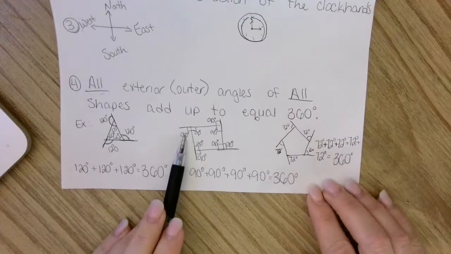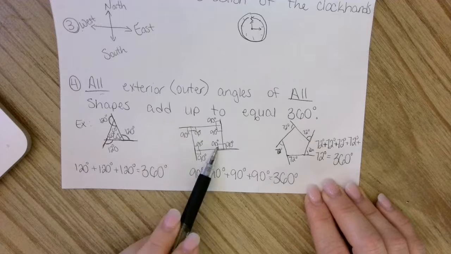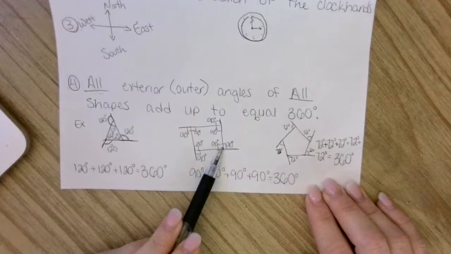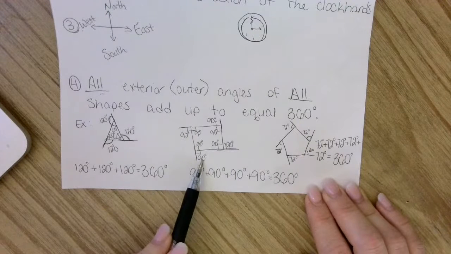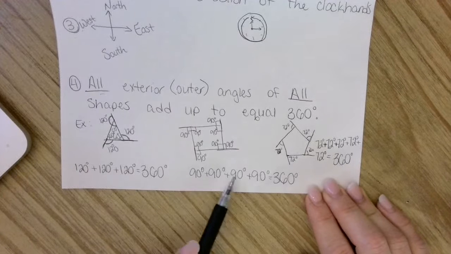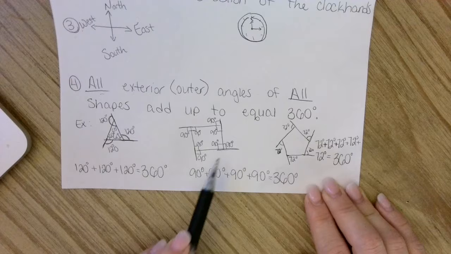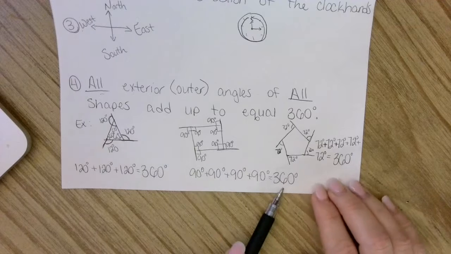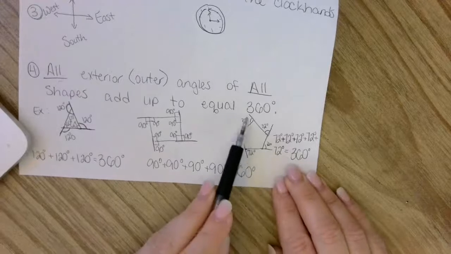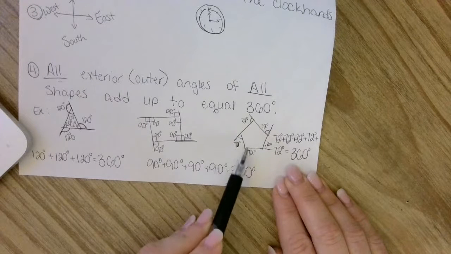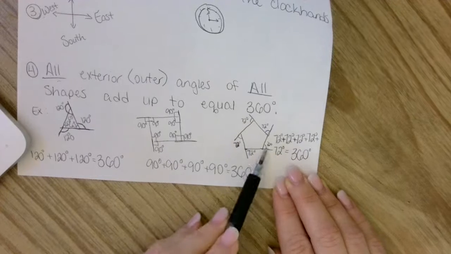The next shape is a square. Squares have 90 degrees for their interior angles, but they also have 90 degrees for their exterior angles. So 90 added up 4 times, because there are 4 exterior angles, gives you 360. Now if you have a pentagon, a pentagon has 5 exterior angles: 1, 2, 3, 4, 5.